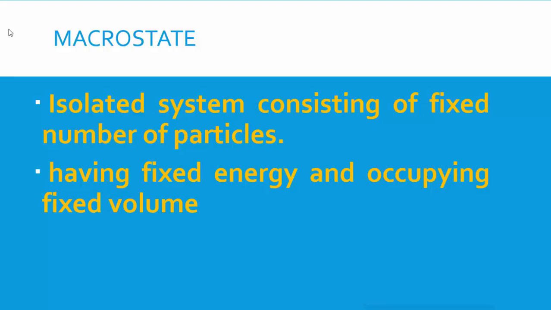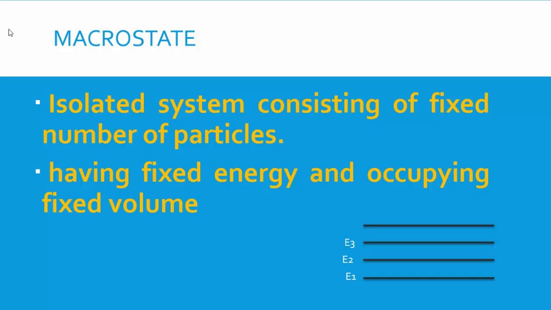For macrostate, it says that in a system or a container you have a large number of particles, and these particles will have different energy levels, and the particles occupy a fixed volume.